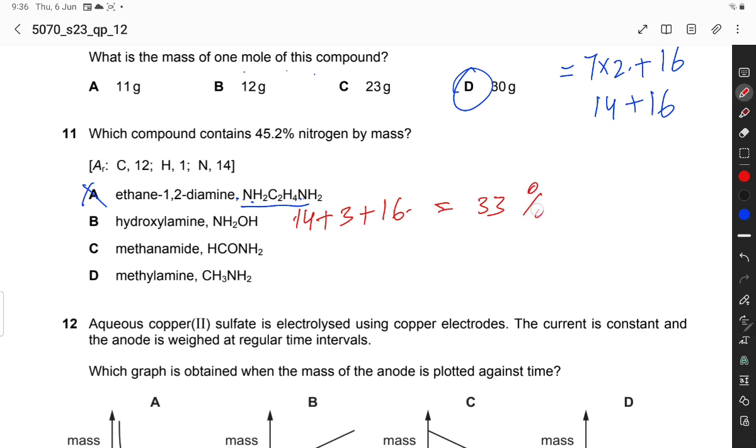So the percent of nitrogen is equal to nitrogen 14 over 33 into 100. 14 divided by 33 into 100 is equal to 42.4. This is also incorrect.